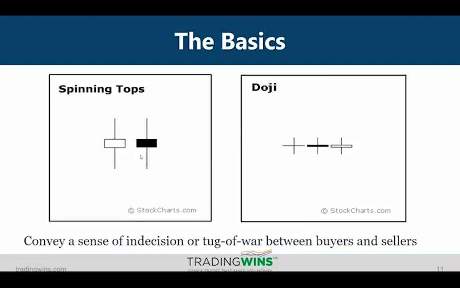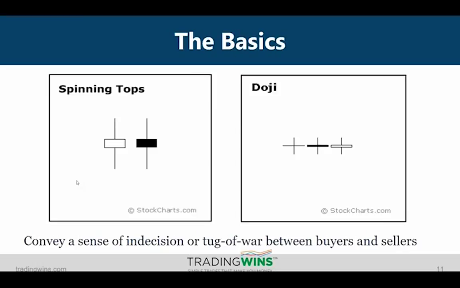Now, to Bill's point, the indecision type candles, they will look like this. And again, names don't matter, but what you're going to notice on a chart is that these types of indecision candles appear most often at the end of a downtrend or at the top of an uptrend.